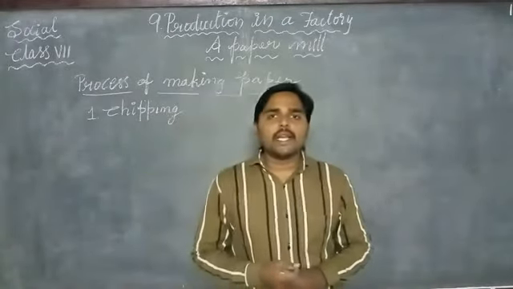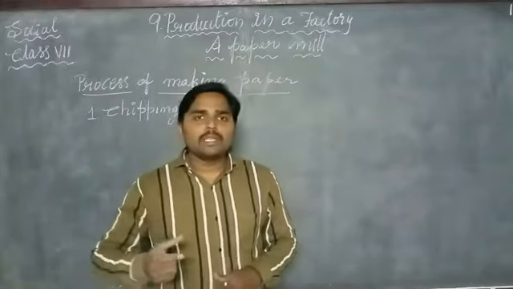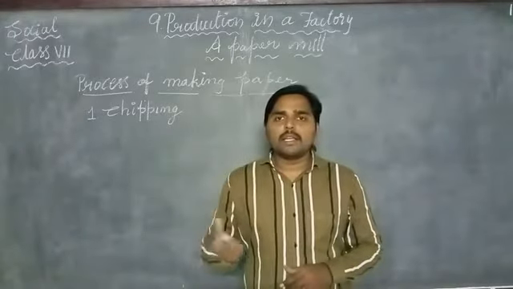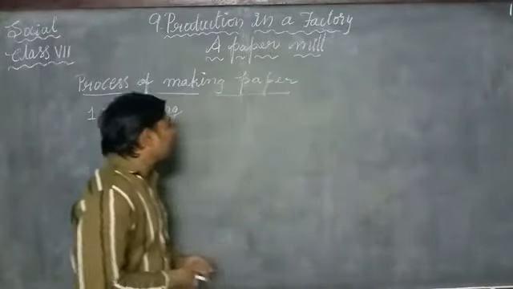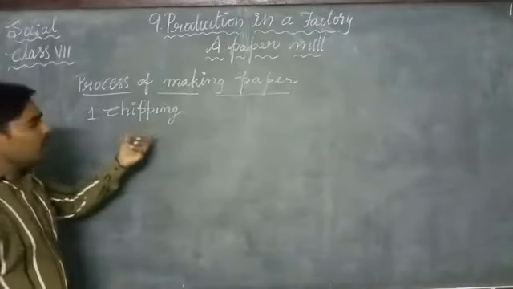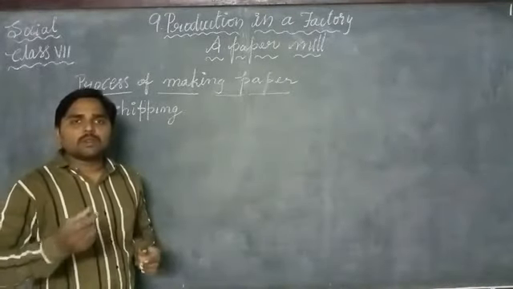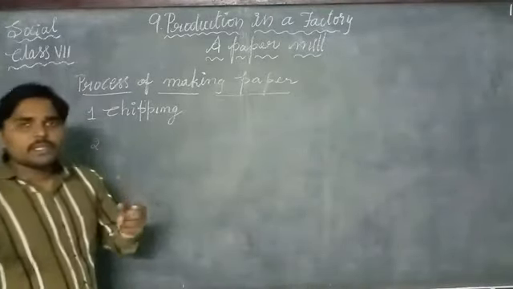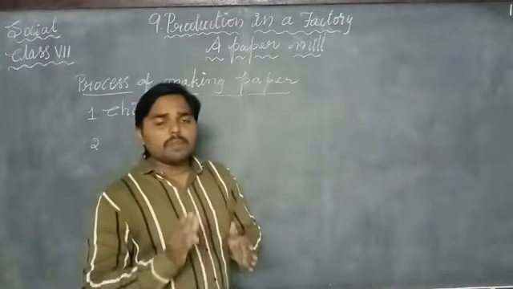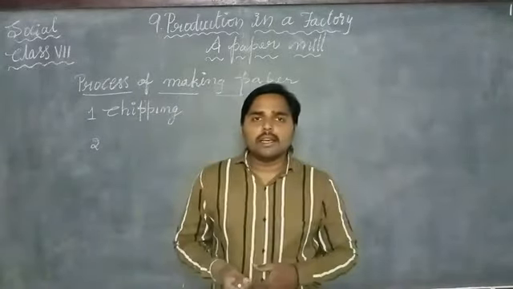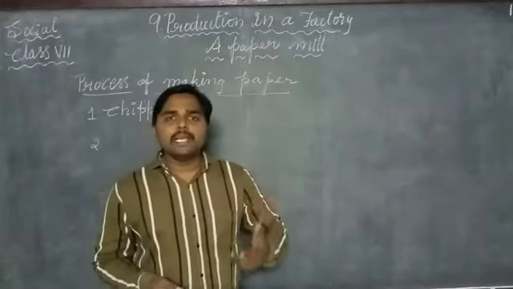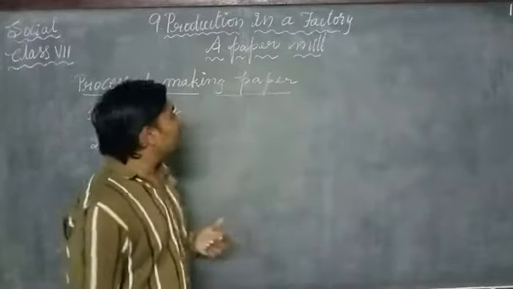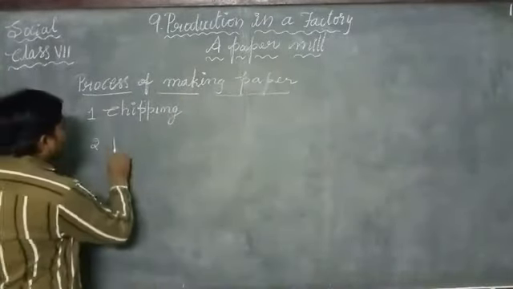After chipping, the chips are categorized into small chips and large chips, and the large chips would be chipped again. The small chips will go into the second stage, that is making of pulp.